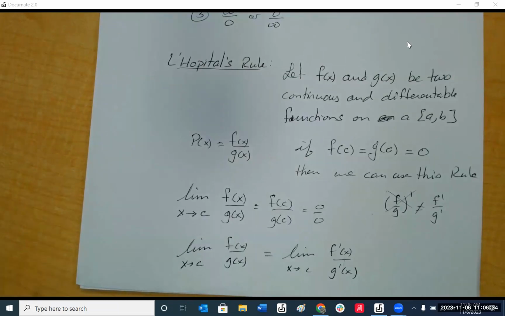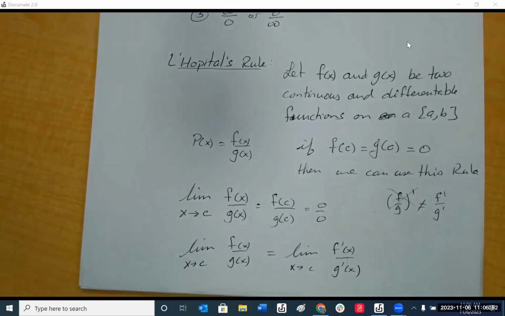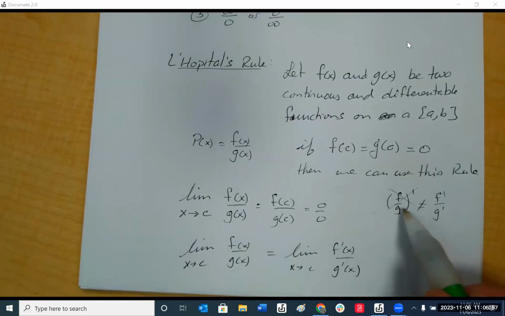Are you basically finding the derivative of the function f of x over g of x if it works? Is it the same as finding this?